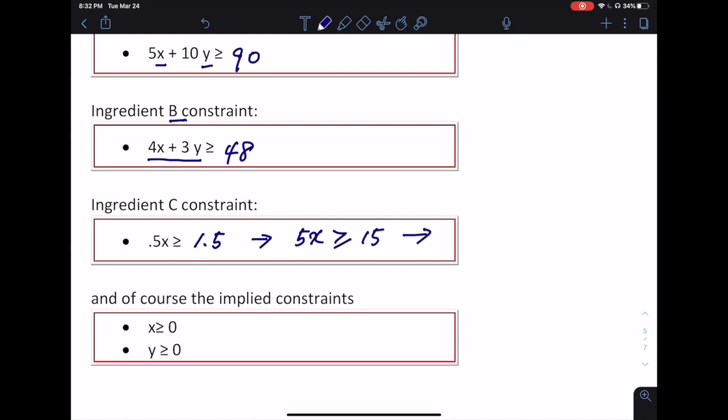You can further simplify this as x greater than or equal to 3. It is all equivalent. So instead of 0.5x greater than or equal to 1.5, we are going to use x greater than or equal to 3 as the ingredient C constraint. Definitely, we also have non-negative constraints for x and y.